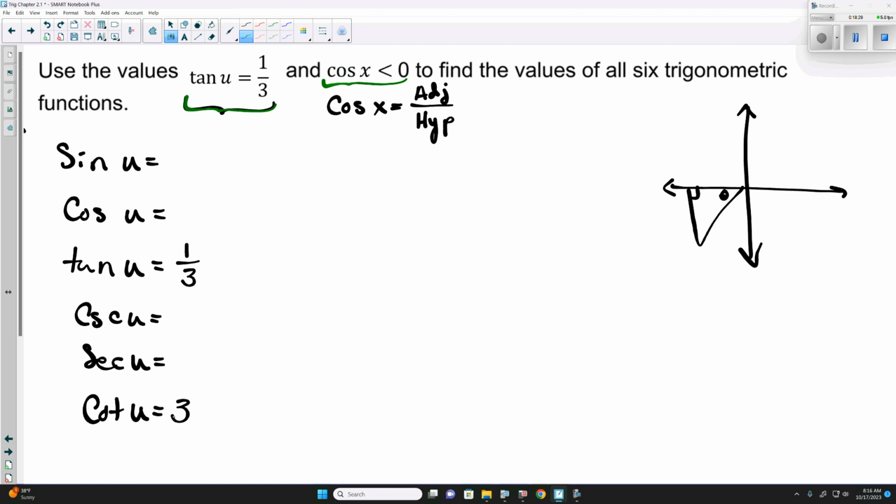Now we can go back to our formulas and plug them in from there. But tangent is what? Opposite over adjacent. So what it's telling us for this here, the opposite side is 1. The adjacent side is 3. I have a triangle, yes?